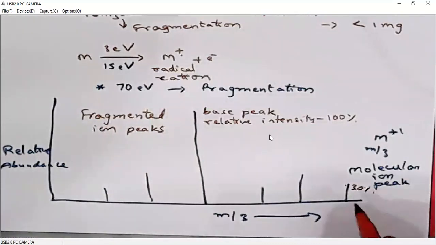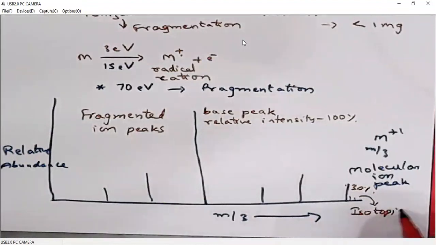Now, apart from these basic peaks, we also have small peaks. These are called isotopic peaks. What are isotopes? For example, if hydrogen is there, its isotopes are deuterium and tritium. Isotopes generally differ in mass by either 1 unit or 2 units.